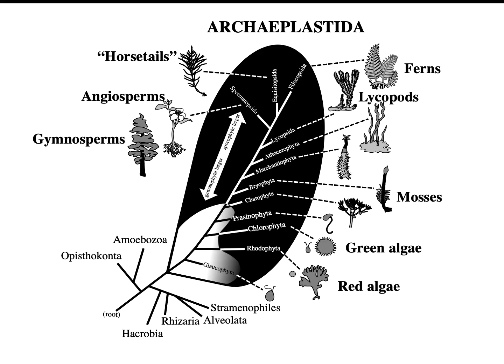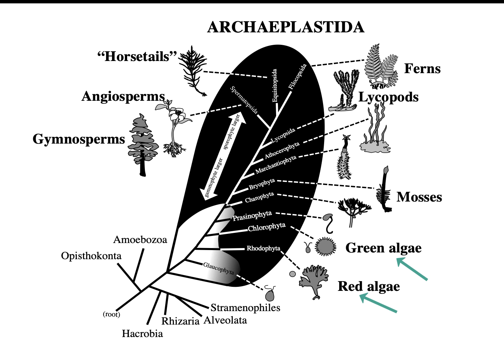So here's the Archaeplastida, or plant part of that phylogram I showed a few minutes ago. So starting from here are some very simple unicellular organisms, including glaucophytes, rhodophytes or red algae, chlorophytes or green algae, and others.